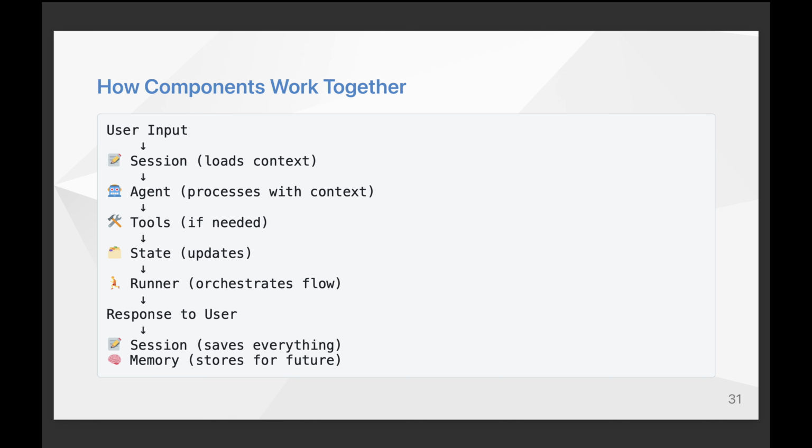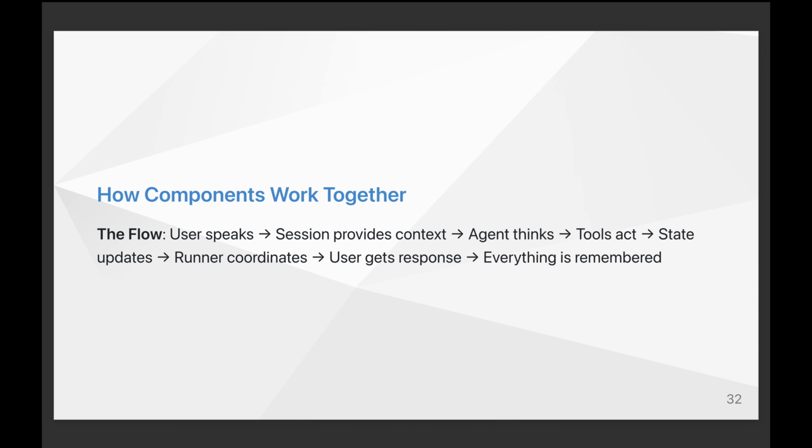When the conversation ends, the session saves everything for future reference, and memory stores long-term knowledge. It is a complete cycle where every component plays its part and data flows seamlessly between them. This is what makes ADK-TS agents intelligent, stateful, and capable.